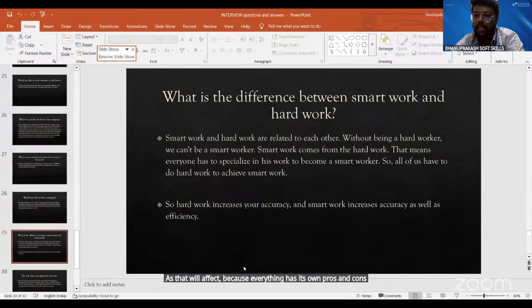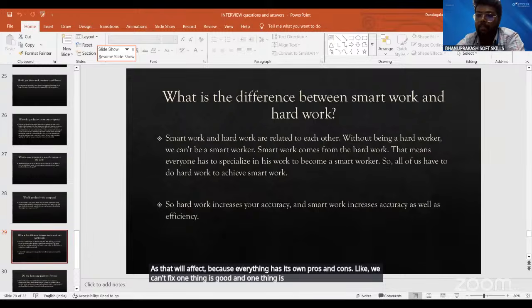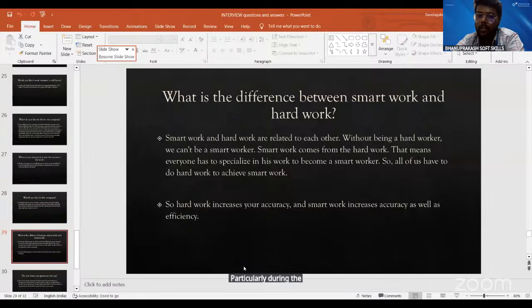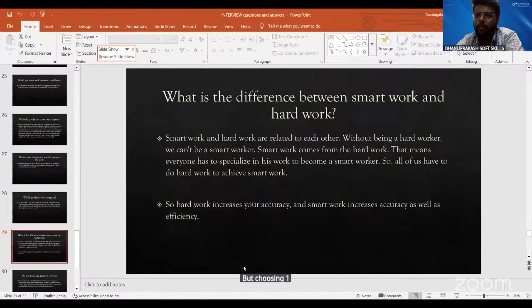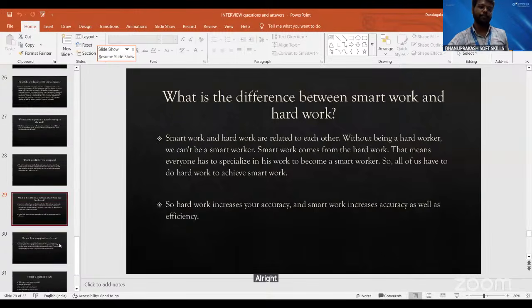We can't fix that one thing is good and one thing is bad. So you should always take the middle path here. Particularly during group discussions, you'll get this type of question, choosing between two. But choosing one is not a problem-solving activity here. All right.